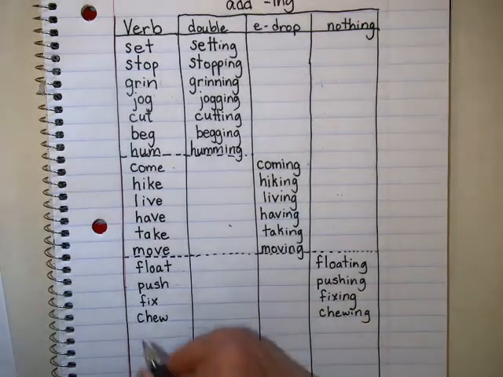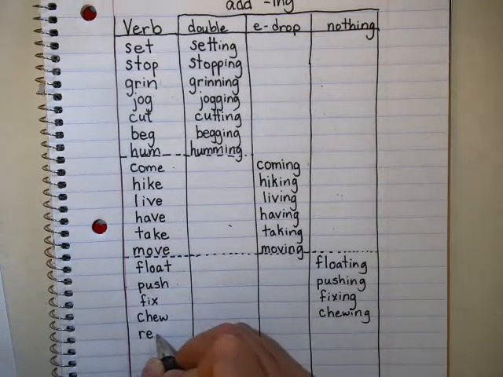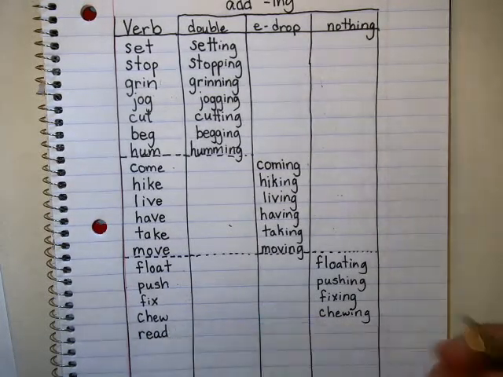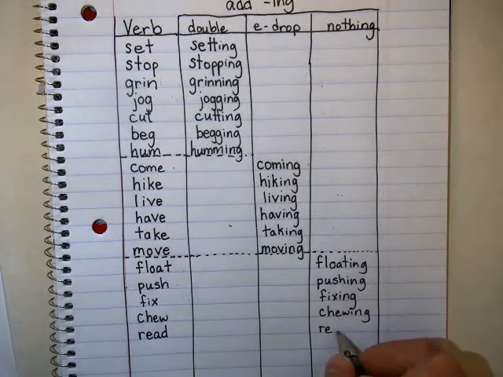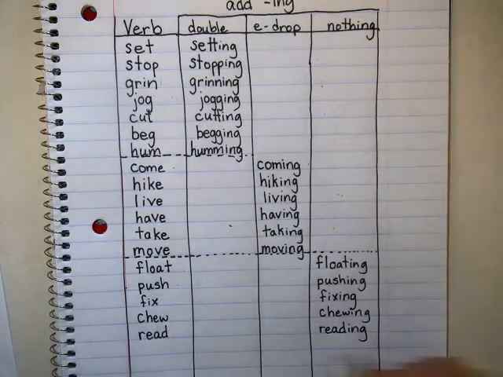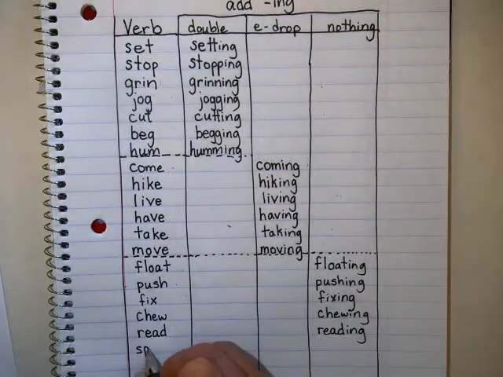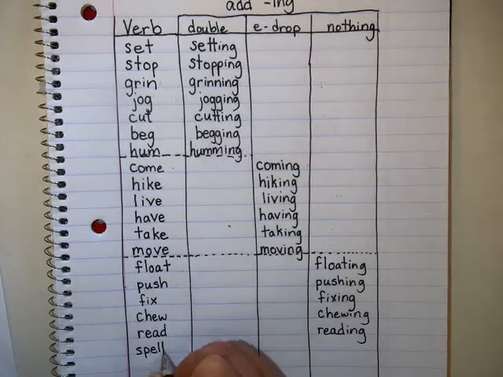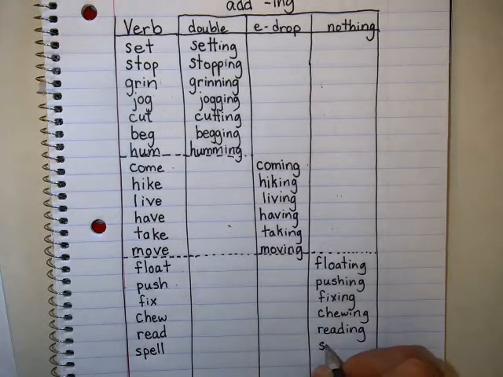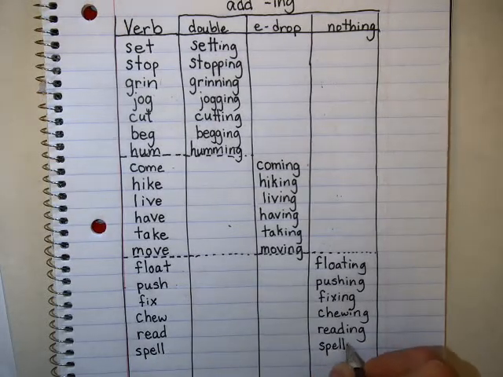Okay. Your next one is read. Next verb is read. Again, ing. Reading. Alright, your next word is spell. It's a good word for this week, since you are indeed spelling. Spelling.